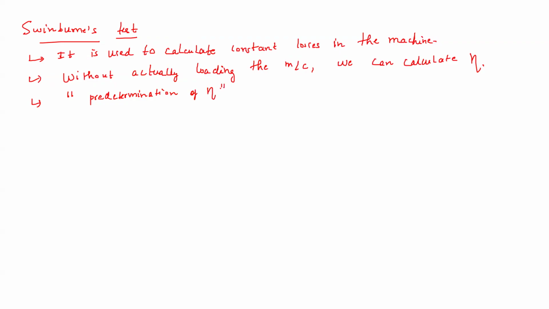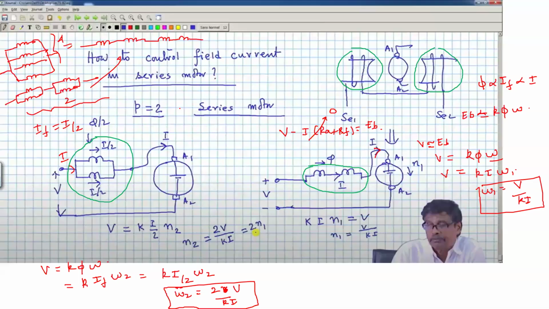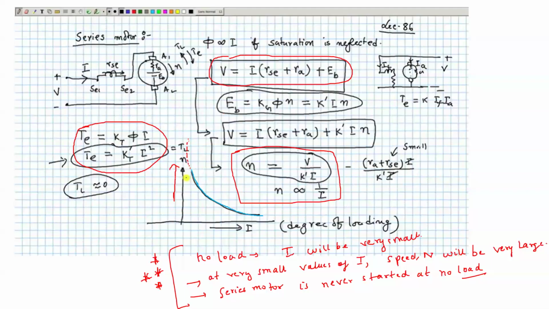So here let us see how the Swinburne's test works. Let us suppose we are connecting a machine, remember a shunt machine, okay? Because we are doing this test at no load. So this is a no load test. So we know that we cannot run a series motor at no load, right? We have seen what is the problem of running the series motor at no load.